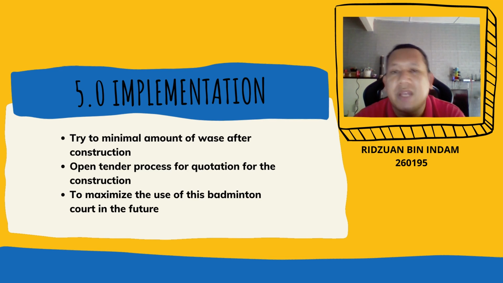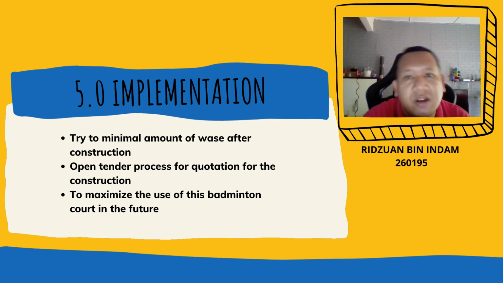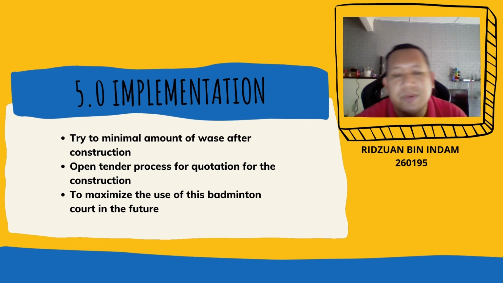However, UUM needs to look at all the quotations that they receive, so they can make a comparison. They should know what material to use, so that they can choose the best quotation to build this badminton court. So that's all for the implementation. Thank you.